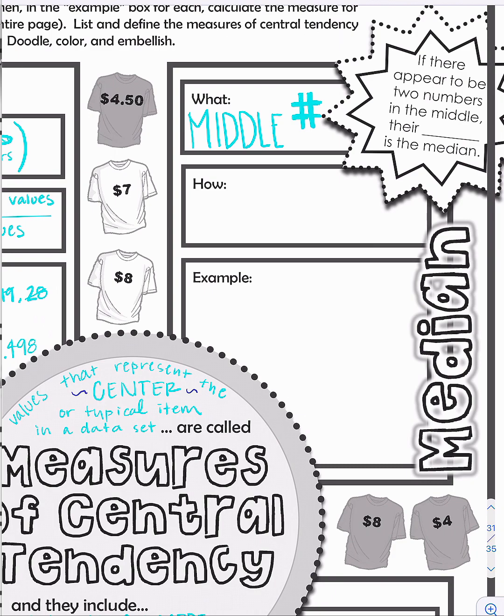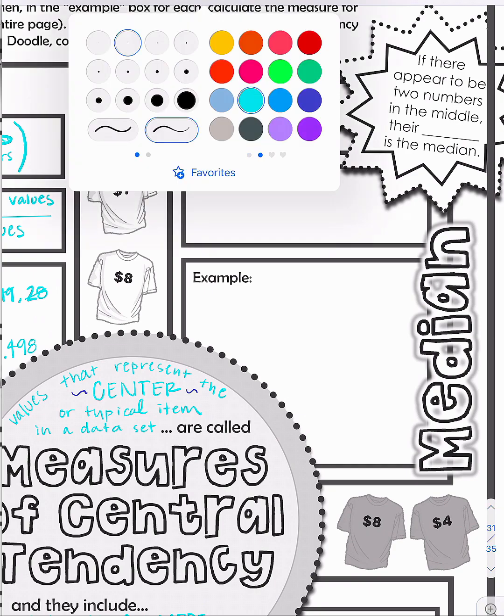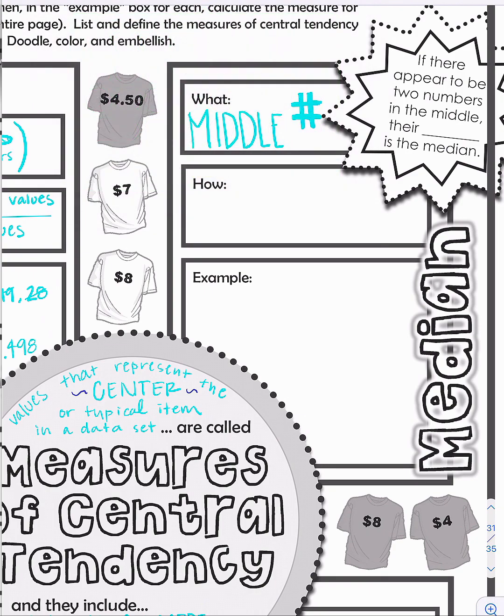And then I'm going to take a second marker color, go with my green, and outline it. So it's just our middle number.